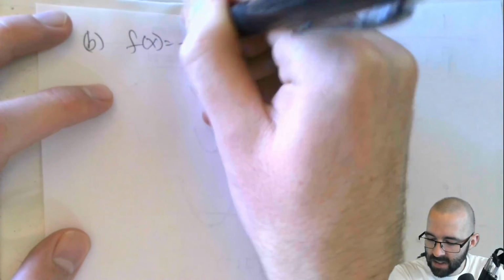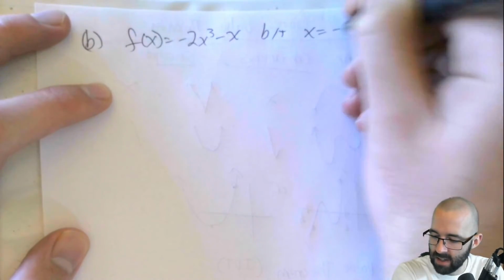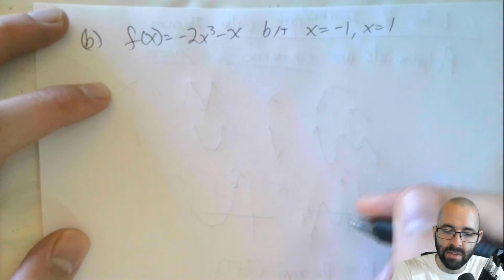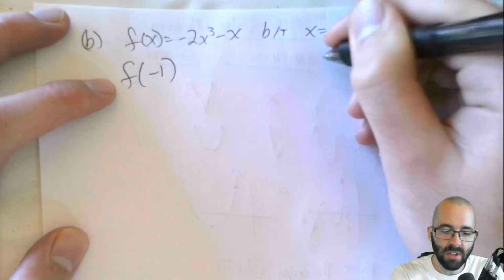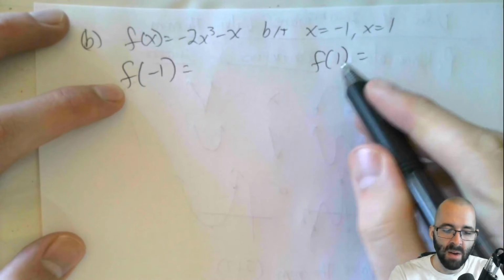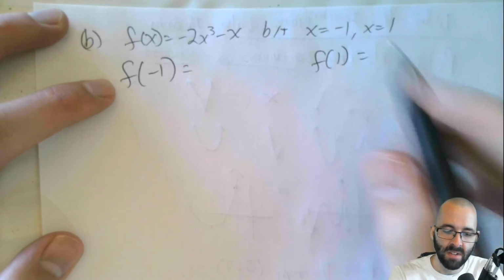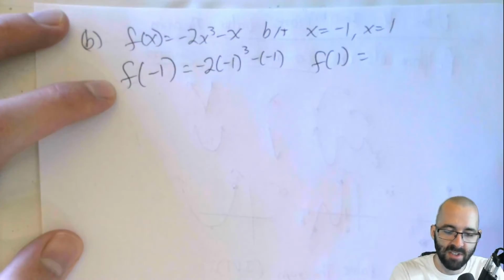Okay. Do another one. Part B. f of x is equal to negative 2x cubed minus x between x equal to negative 1 and x equal to positive 1. So again, we just want to show, do these function values have opposite signs? So negative 1 and positive 1, are they opposites? Negative 1, oh my word, there's so many negatives, right?